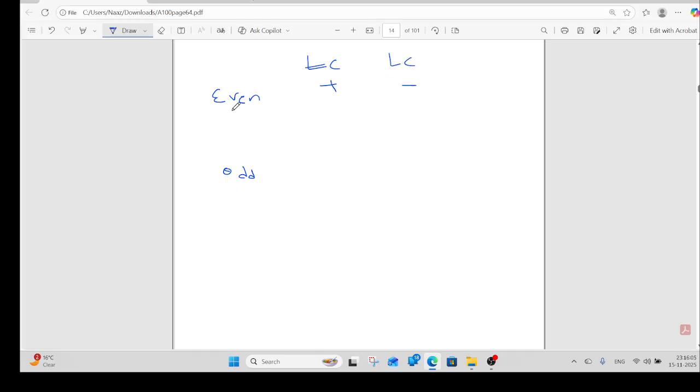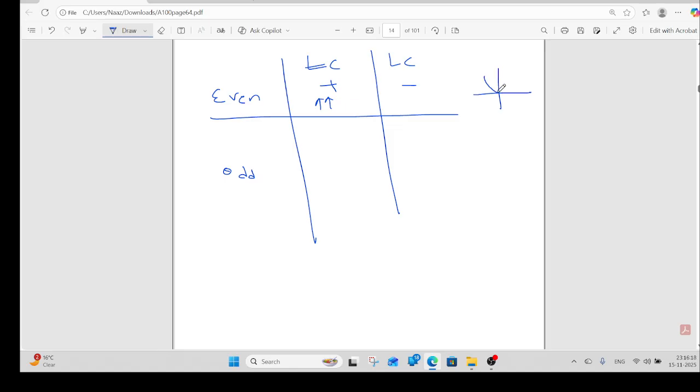When degree is even and leading coefficient is positive, what I have observed is that the graph on both sides, right side and left side, goes in the upward direction like this, right? But when degree is even but leading coefficient is negative, then it goes downward. So on both sides, left and right, the graph is going downward.